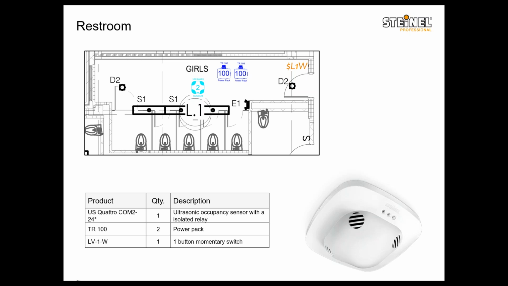The cafeteria falls into the open office requirements. Gym, same thing, the gymnasium. Bigger meeting rooms fall into the same category of open office and that kind of application. Smaller bathrooms fall into the category of small private offices.